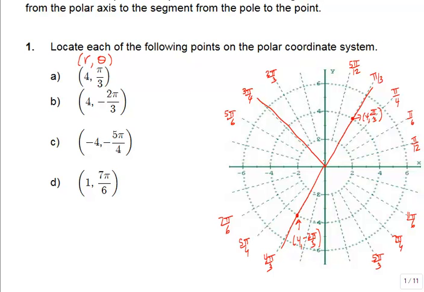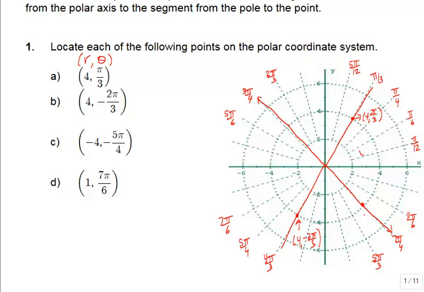So if you imagine drawing this line through negative 5π/4, going through the origin, normally positive 4 would put us right here, but a negative 4 is going to tell us to go in the opposite direction along this line. So starting from the pole and going in the opposite direction, we would end up over here.